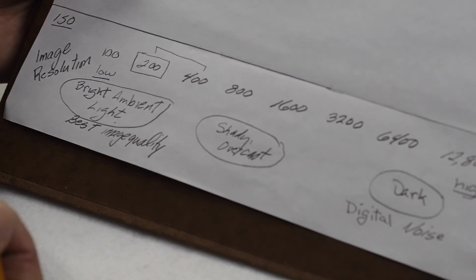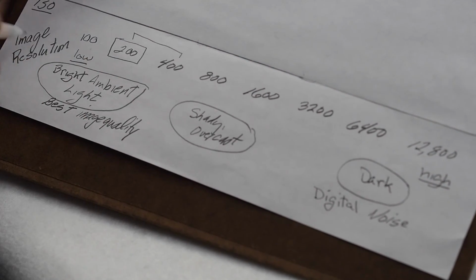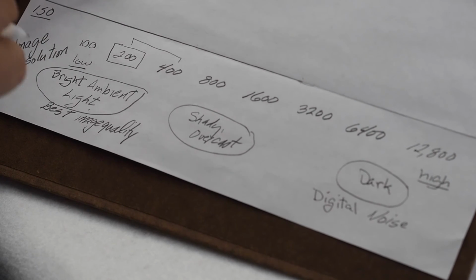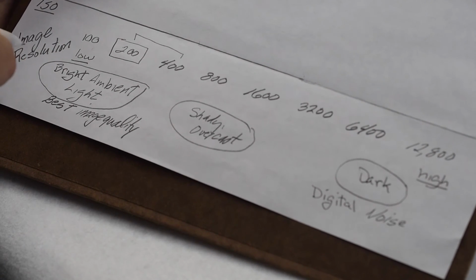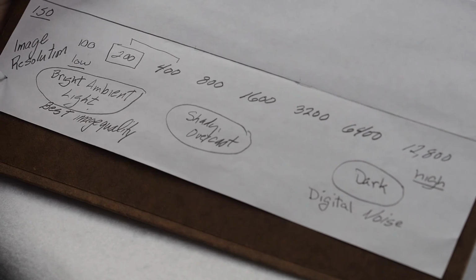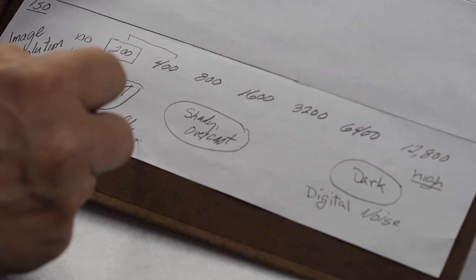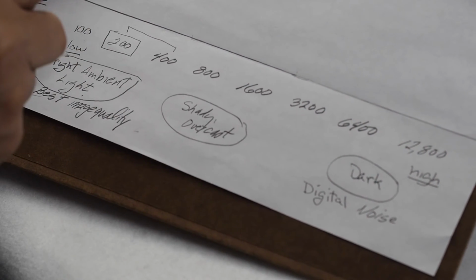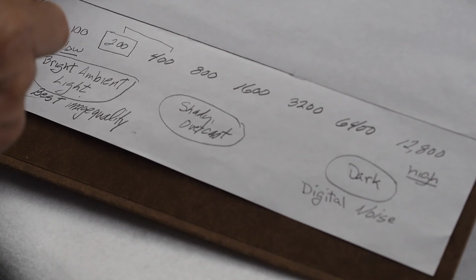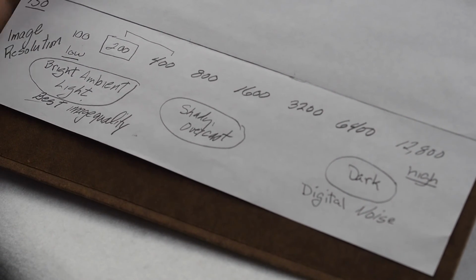And at the low end, where you have a low value of an ISO, your image resolution is going to be the best quality because you have bright ambient light and you don't need to make your sensor more sensitive than it's really intended to be.